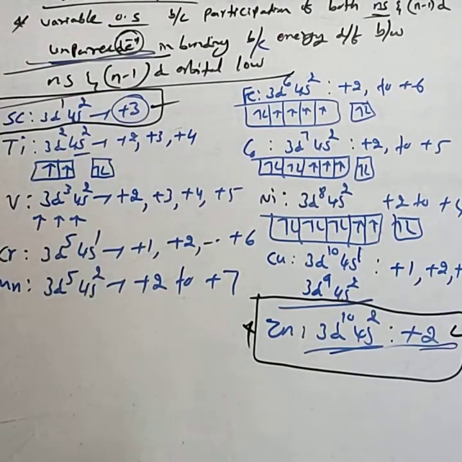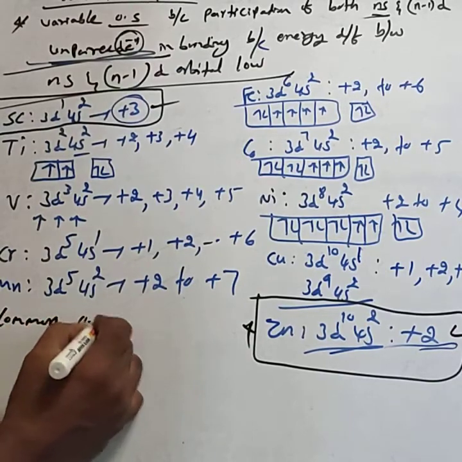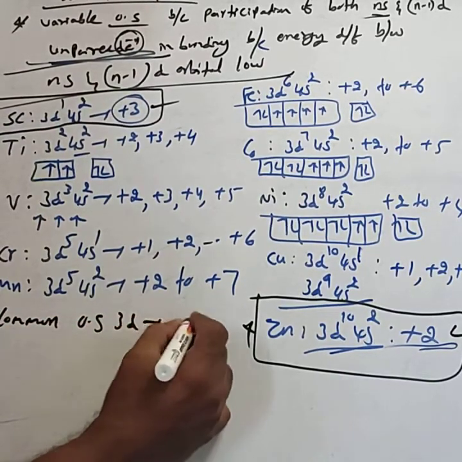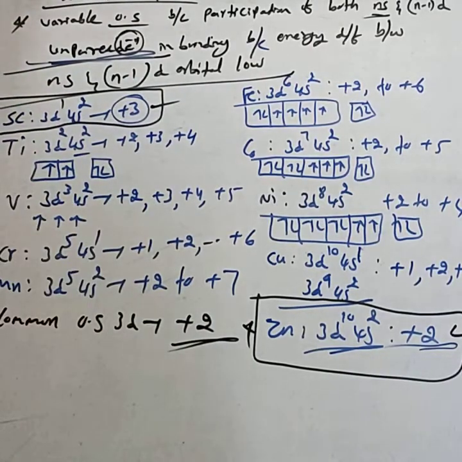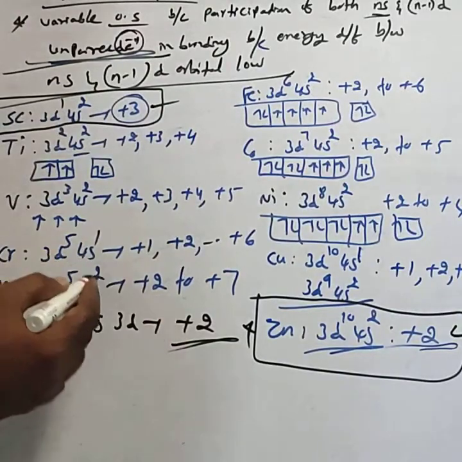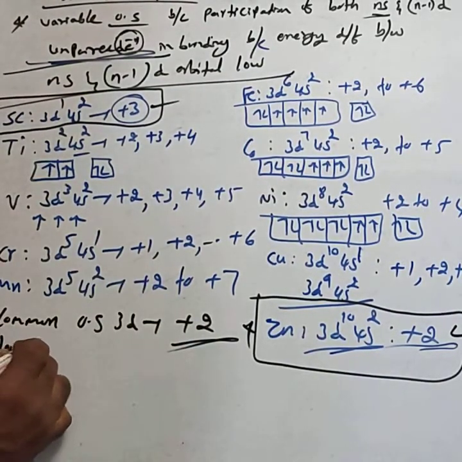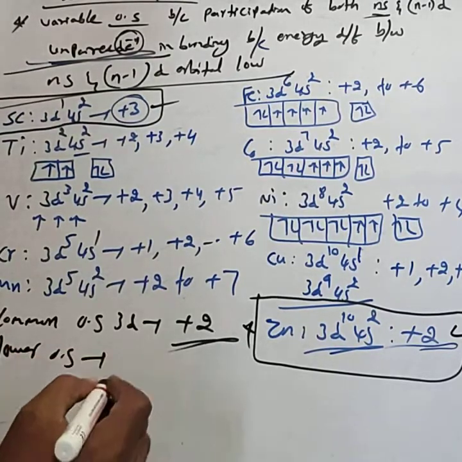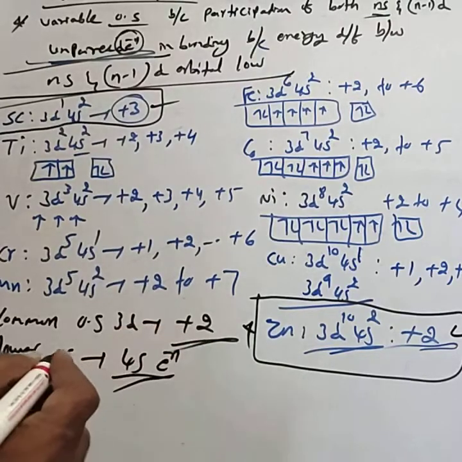Then common oxidation state. All are one mark questions. The common oxidation state of the 3d series is +2. This is due to removal of the 4s electrons. Lower oxidation states, that is +1 or +2, are due to participation of only 4s electrons in bonding.